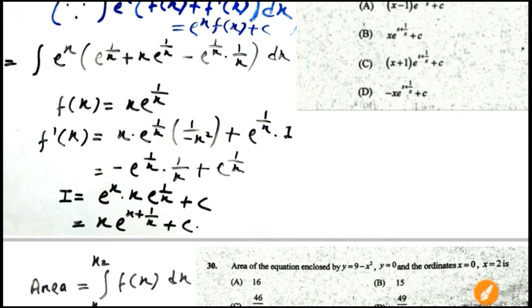So we will find its derivative f dash x, that equals x into, that is u into derivative of v, e to the power 1 by x, and its derivative, that is e to the power 1 by x, 1 by x derivative is minus 1 by x square, plus v into derivative of u, that is derivative of x is 1.